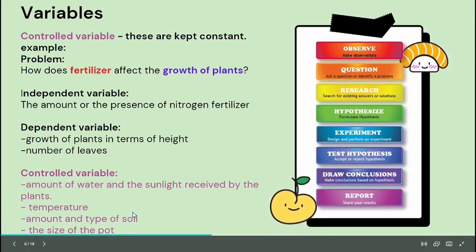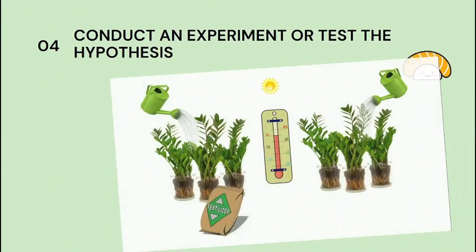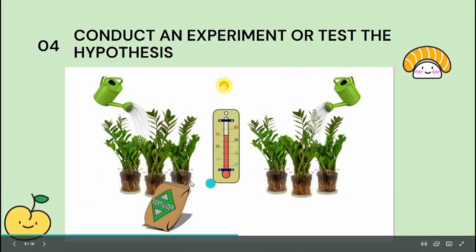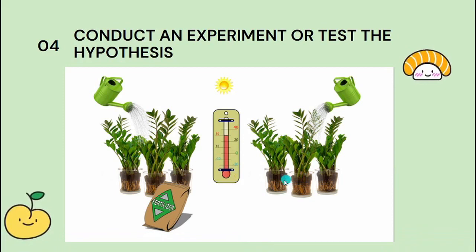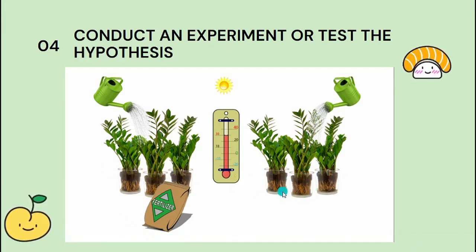Now, here's a picture of a setup of that experiment. Okay, so there are 6 plants there. Hinati natin siya into 2 groups. Okay, let's say this is group A and then this is group B. Itong group A na to and group B na to, as you can see, pare-pareho sila ng type ng halaman.